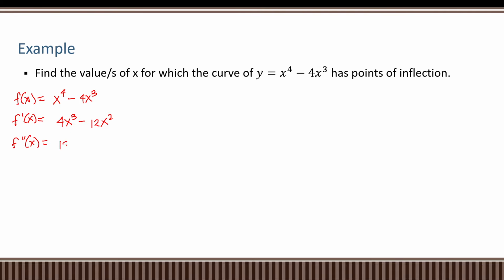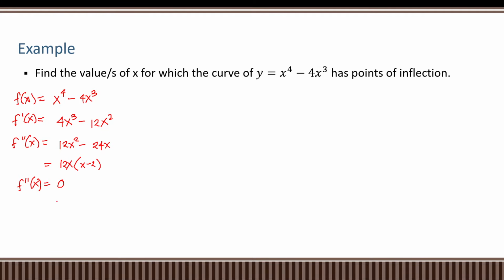We have here 12x squared minus 24x. So this is the second derivative. And we have to set this equal to 0. But before that, we have to factor this. And the factor of this one is 12x times x minus 2. So we set f double prime of x equal to 0.